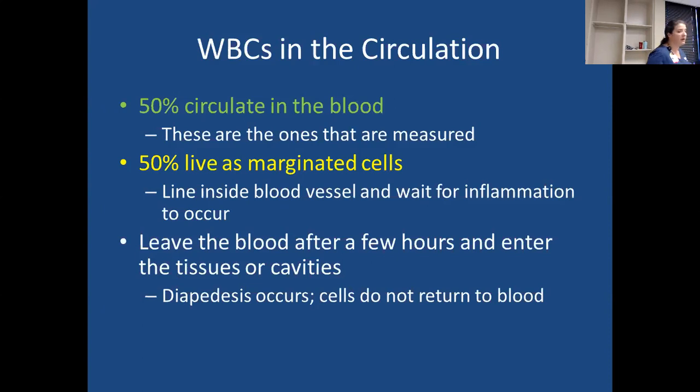And then 50% live as marginating cells. Again, they're just waiting to respond, such as to an infection or any type of inflammation. During any type of inflammation or damage to a vessel, those white cells are going to respond. Cytokines are going to be released. We're going to talk about the process of phagocytosis, and the marginating ones will respond in that instance as well.